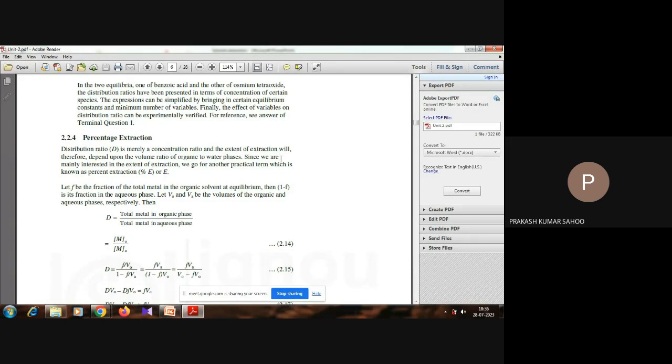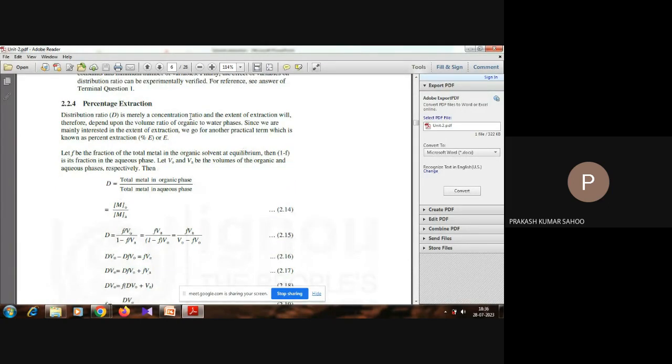This is very much simple. Percentage means we have 2 things. Let F be the fraction of the total metal in the organic solvent at equilibrium. Then if F is the fraction of the total metal present, then 1 minus F will be present in your aqueous phase. The total will be 1.